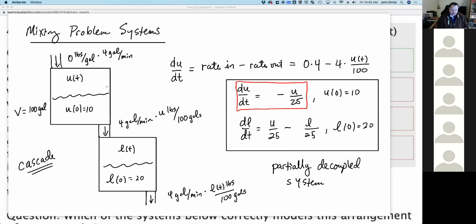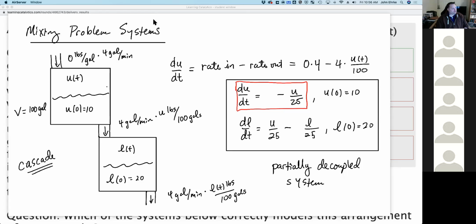It doesn't depend on L. And because of that, if I simply solve this piece for U, I can take the solution that I get out of that piece and plug it into the U right here, in which case the second equation would depend only on L. So partially decoupled systems are already solvable. We're already capable of solving those in this course.